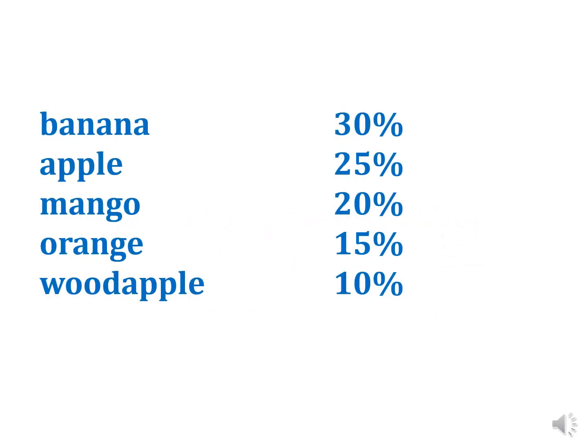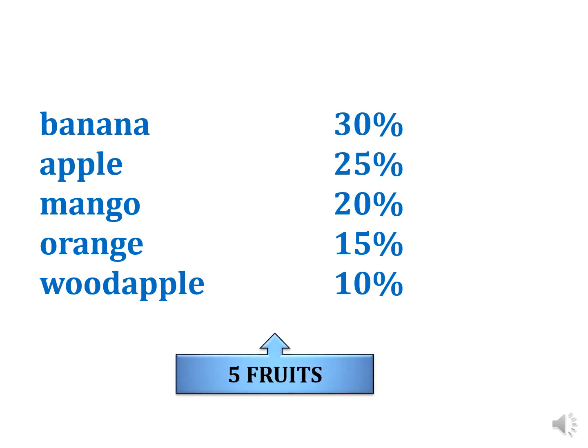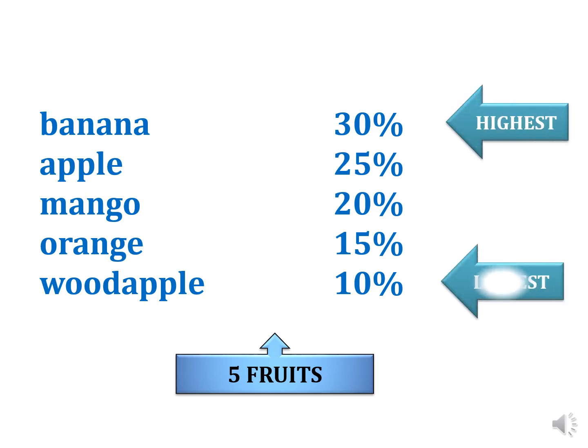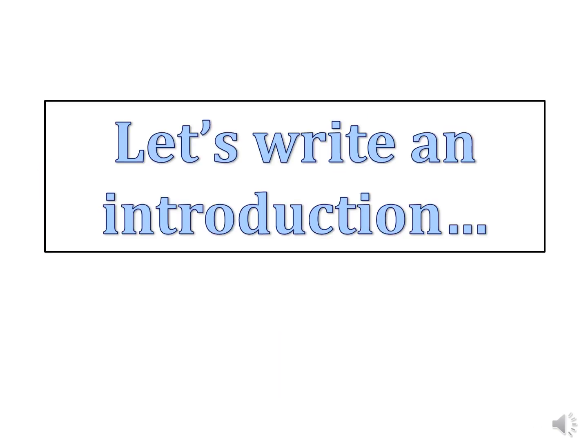Banana, which is 30%, apple, 25%, mango, 20%, orange, 15%, wood apple, 10%. Altogether there are 5 fruits here, and the highest one is the banana and the lowest one is the wood apple. Okay, now to this one, let's write an introduction.